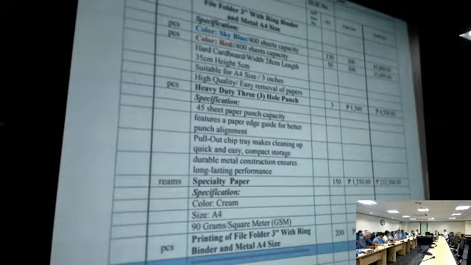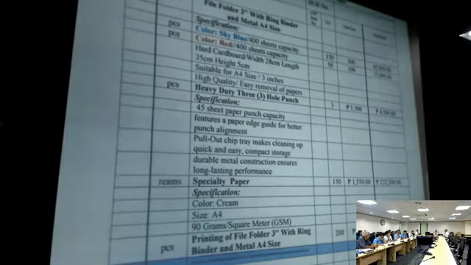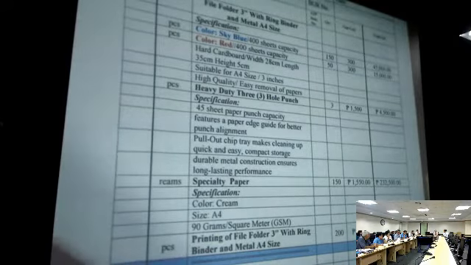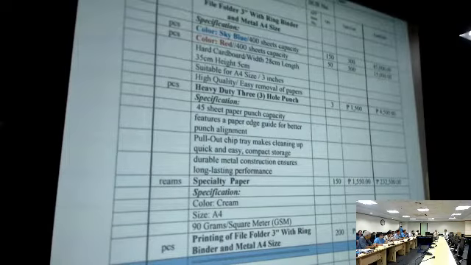So, by next month, yung USAP audit natin sir. We would request that we sign the approval, the resolution, the revised purchase request will be revised, para hindi na kailangan bumalik.